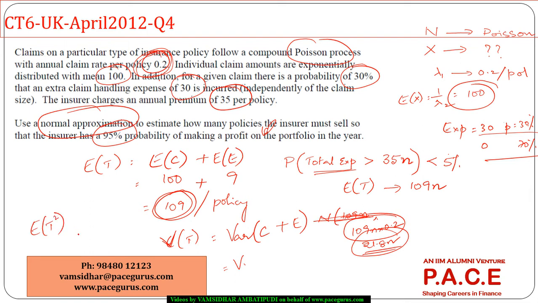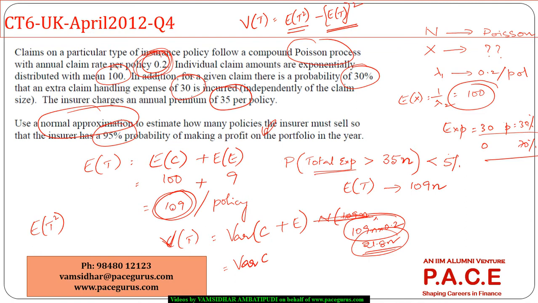So the variance of T is the expected value of T squared minus the expected value of T, whole squared. Let's try that out.